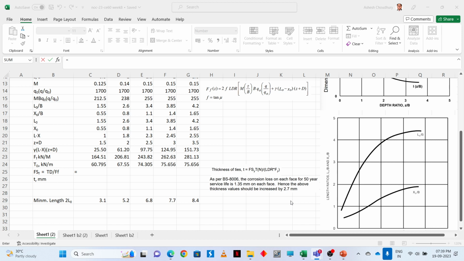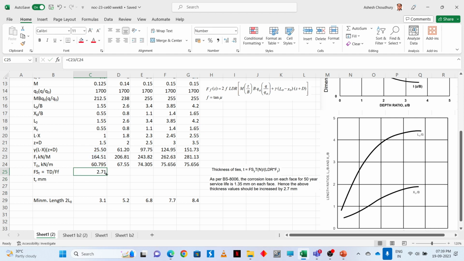Our target was that the force on the reinforcement should always be lesser than the pull out resistance, right? The pull out resistance should always be higher than the load that is coming on each reinforcement. So if I divide this by TD, we get the factor of safety.